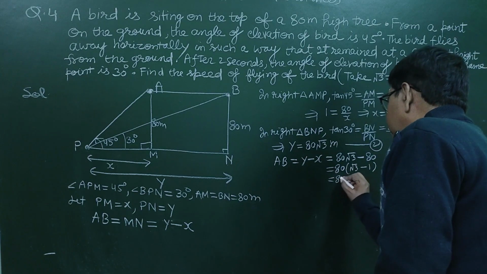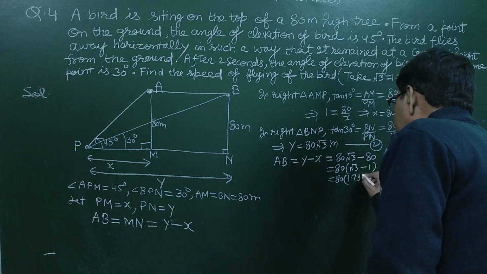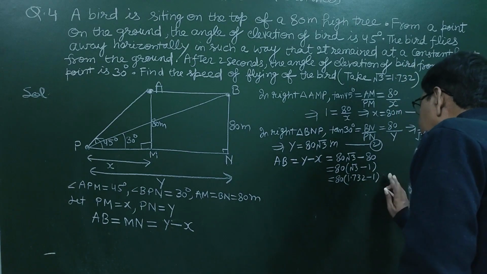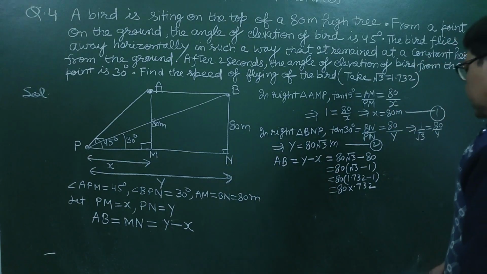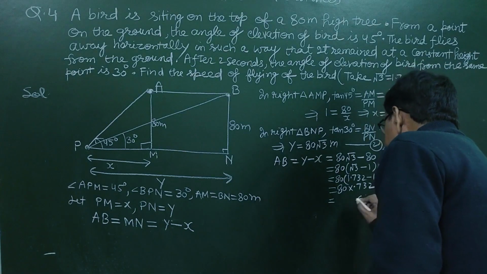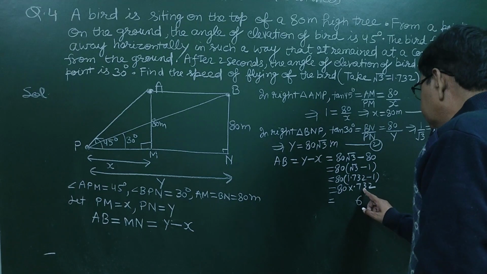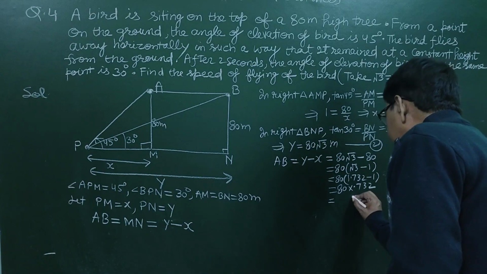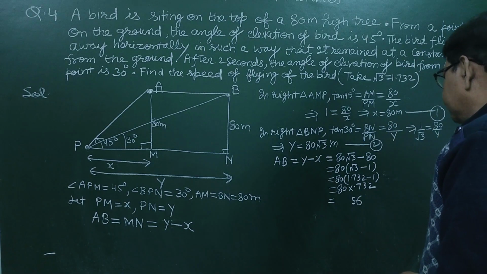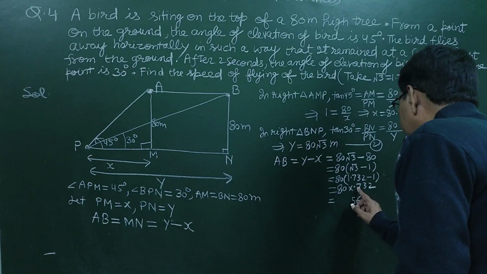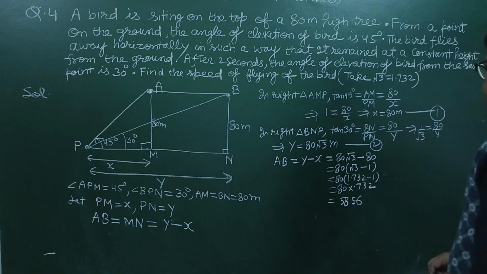And the value of root 3 is given in the question, 1.732, minus 1, that is 80 into 0.732. 80 into 0.732 means 8 sixes are 48, 8 threes are 24, 24 and 4 is 28, 8 sevens are 56, 56 and 2 is 58.